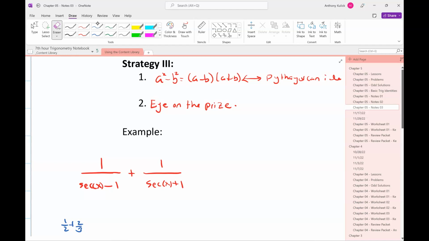Secant x plus 1 times secant x minus 1. Okay with that? What do I need to multiply the first fraction by to get that common denominator? There you go. Thank you. Excellent. And what do I need to multiply the second fraction by? Excellent.